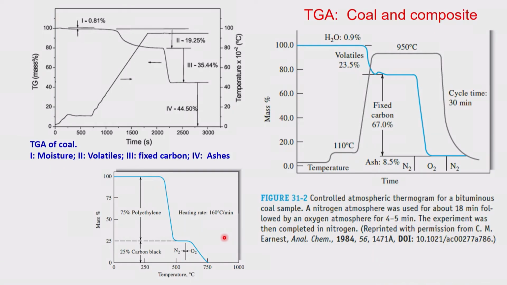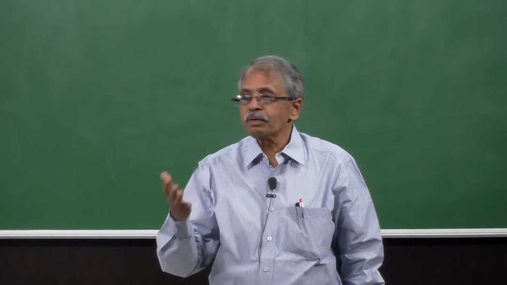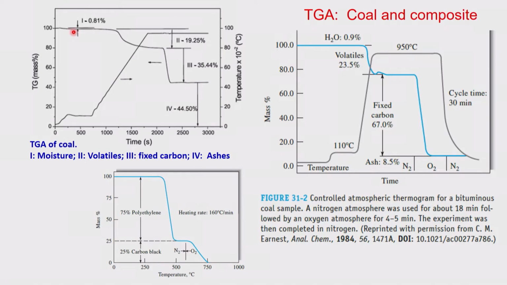So you can look at another example. This is a coal. You have a lot of organic, and you also have some inorganic in it. Look at the thermogram. You can see there is a very small decrease in the weight. This is the percent, starting from 100, and this goes up to about 40, 45 or so, or 50.